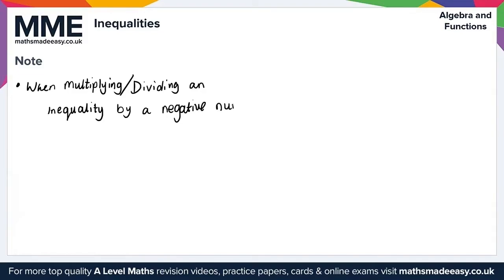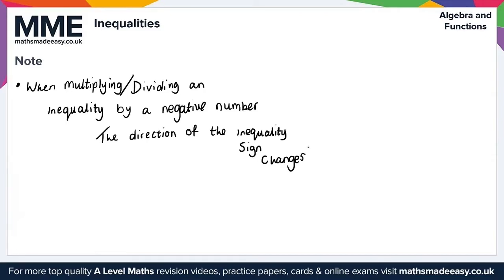Okay, so it's important to note that. So the direction of the inequality sign changes. Okay, so make sure you're aware of this. So that gives us everything we need there for our notes on inequalities.